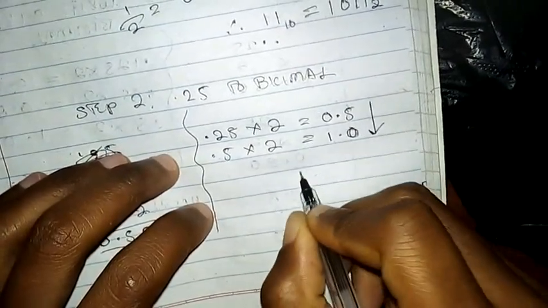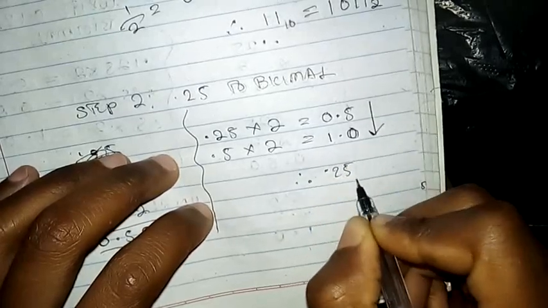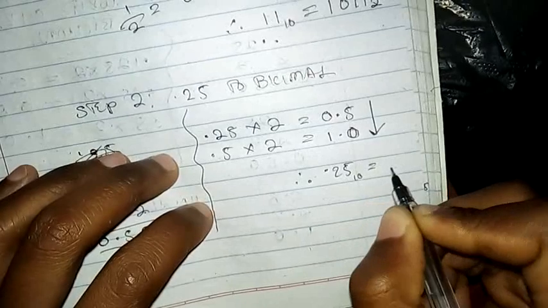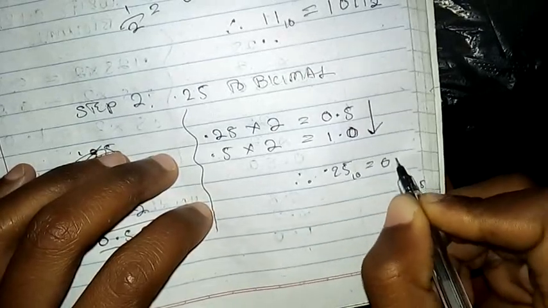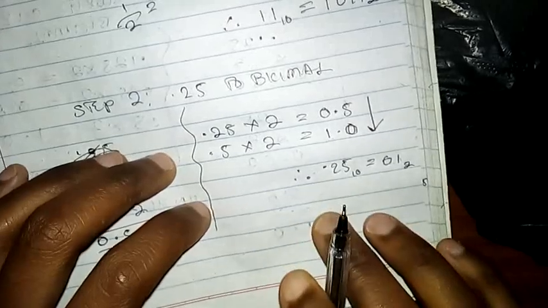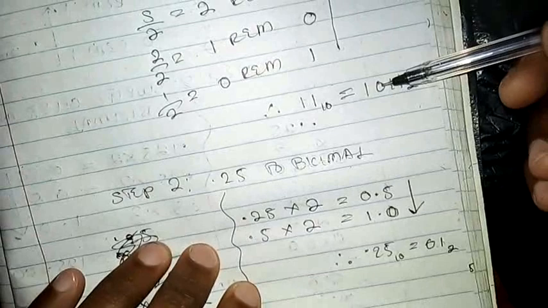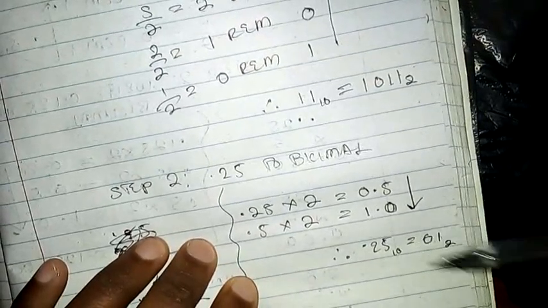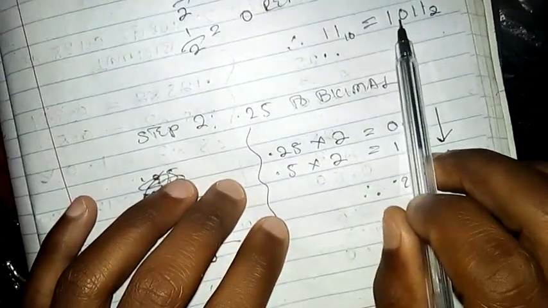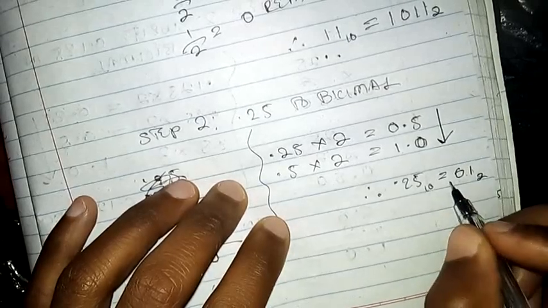So 0.25 in base 10 is equal to 0.01 in base 2. The final answer will be to merge this and this, so it's going to be 1011.01. There is a point here.